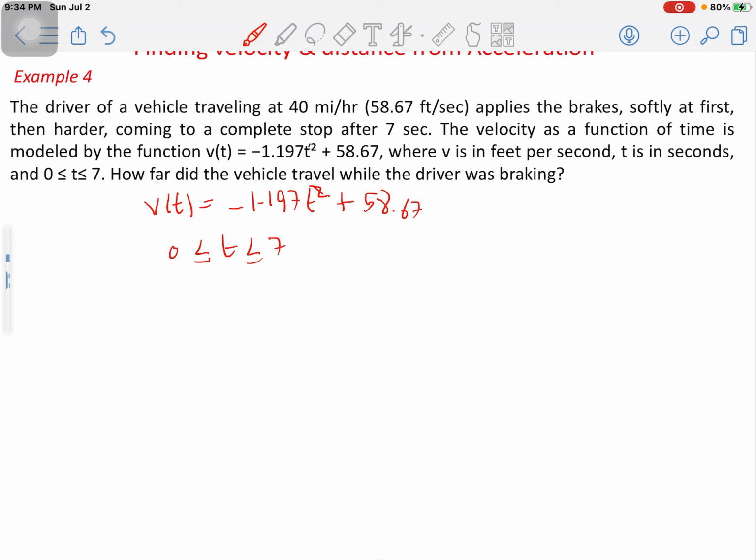And we are being asked how far the vehicle traveled while the driver was braking.